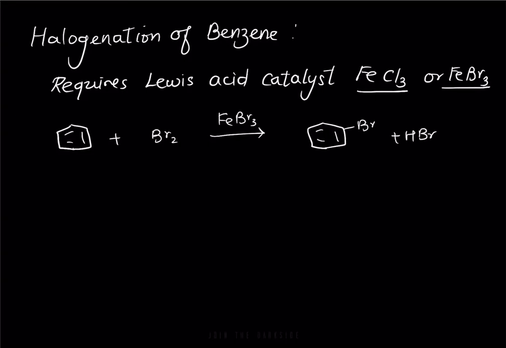And you do exactly the same thing for chlorination. The only thing that you will do is, instead of bromine, you will take chlorine, and you will replace the catalyst with FeCl3. Okay, and you can get chlorobenzene.